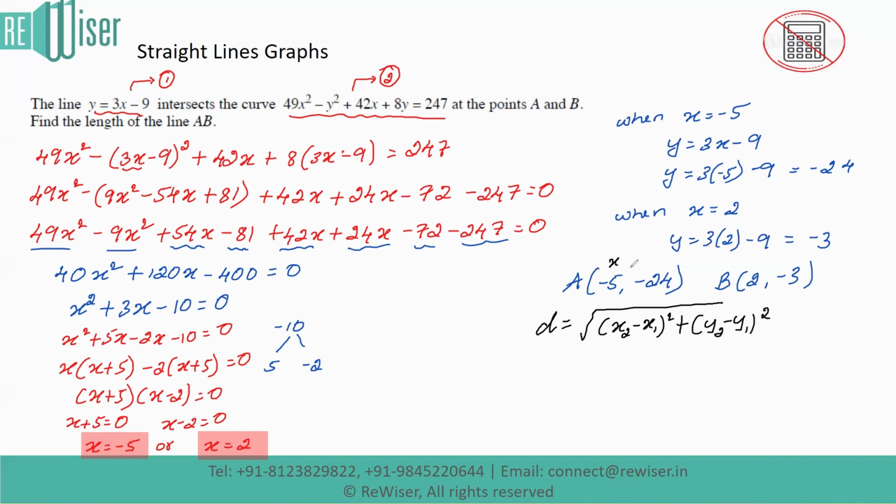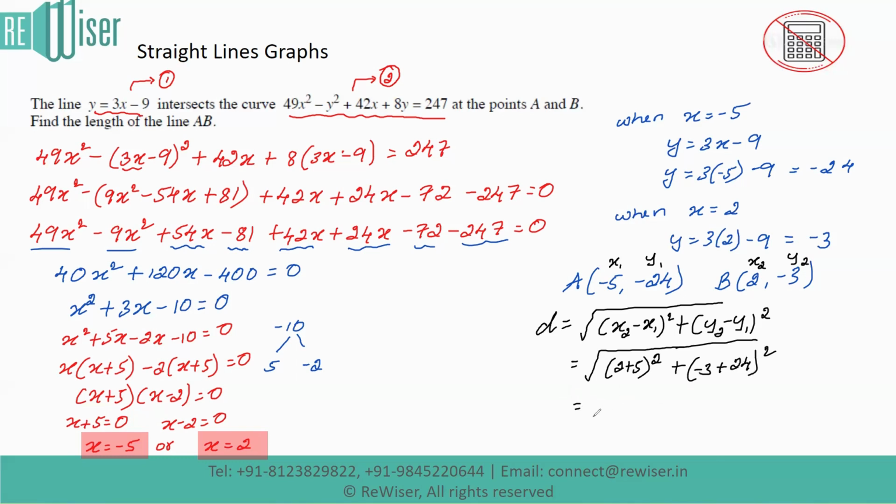If I consider the first point as x1, y1 and the second as x2, y2, then d, the distance, equals the square root of (2 minus of minus 5, which is 2 plus 5) whole squared, plus (minus 3 minus of minus 24, which is positive 24) whole squared.